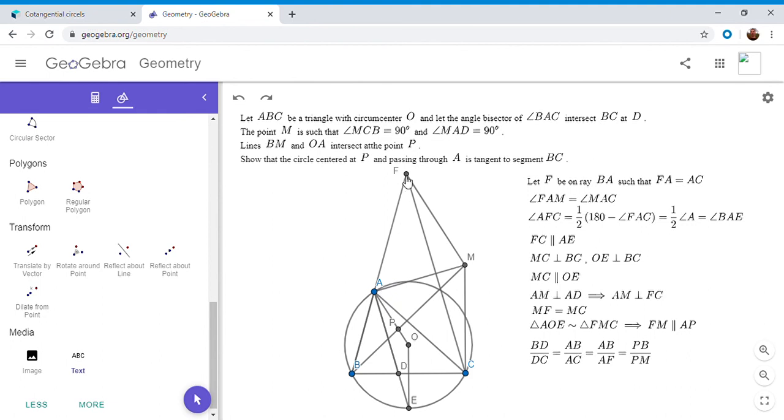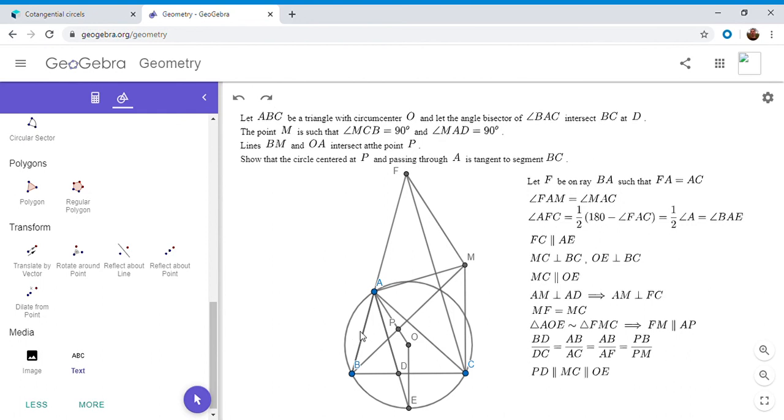And AB over AF, well, now that we know that FM is parallel to AP, AB over AF is PB over PM. So by transitivity, we have BD over DC is equal to BP over PM. And so that means that PD has to be parallel to MC.